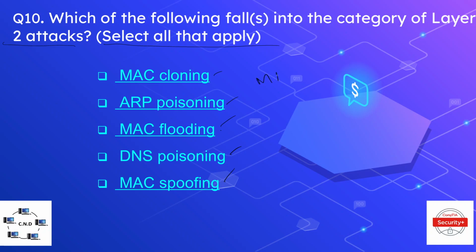So since the MAC address falls into layer 2, all the MAC address related attacks also fall in layer 2 attacks. ARP is also a layer 2 protocol, that's why it is also a layer 2 attack.